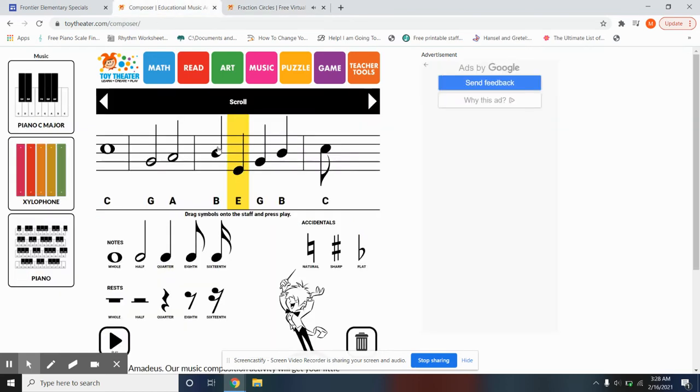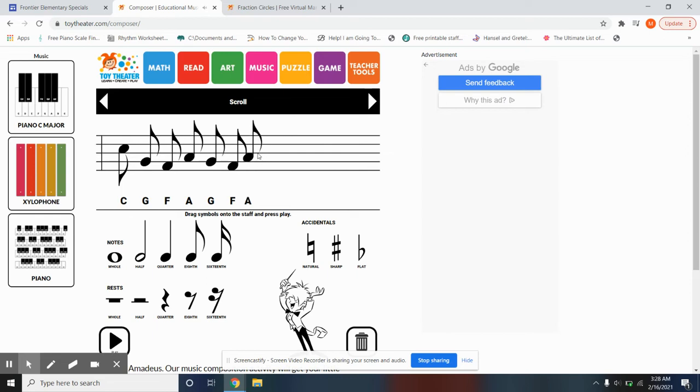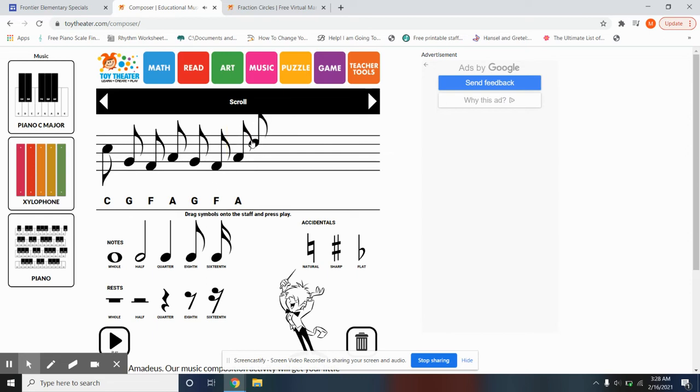Just like quarter notes equal to 1, 2, 3, 4. Eighth notes, you can fit 8. 1, 2, 3, 4, 5, 6, 7, 8 notes in the measure.